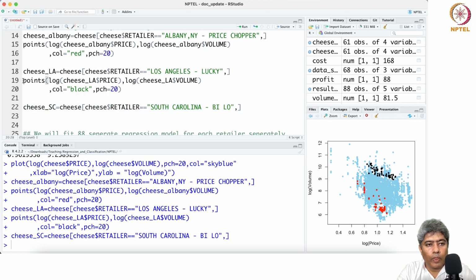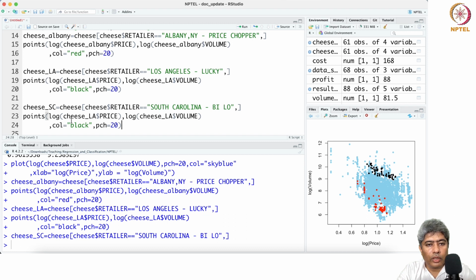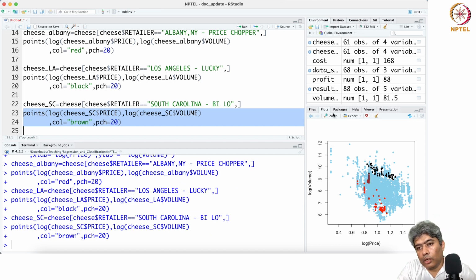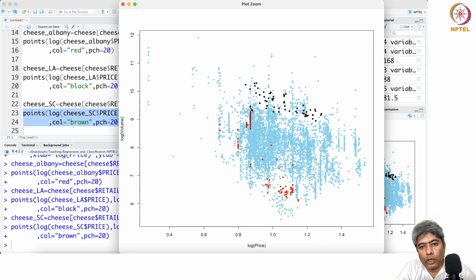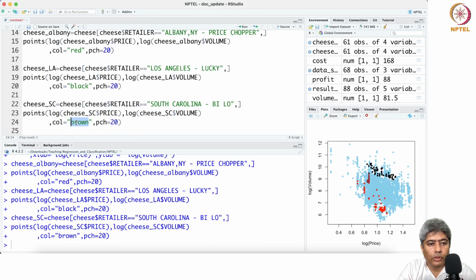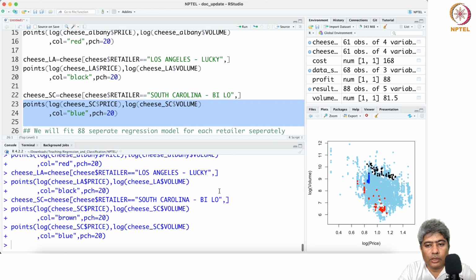And then if I just plot that guy, cheese SC versus cheese SC, and instead of black, maybe brown. Okay, let's see where this guy is. Yeah, you see, this is the problem. All points are here, so there is no diversity in the points. That's the issue. Or I can just say blue. Let me see if I can show you.